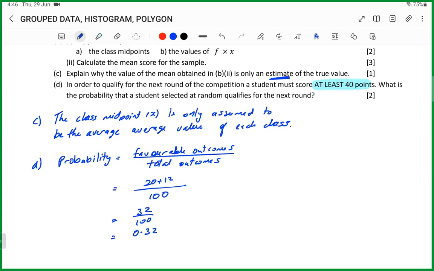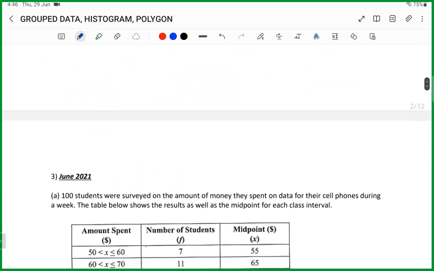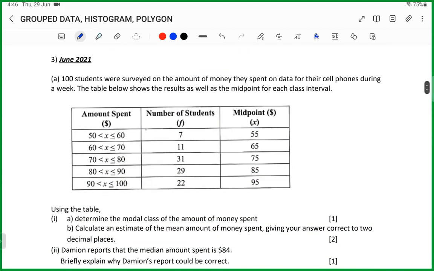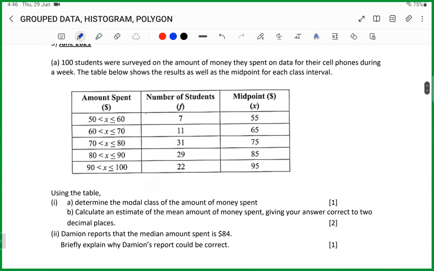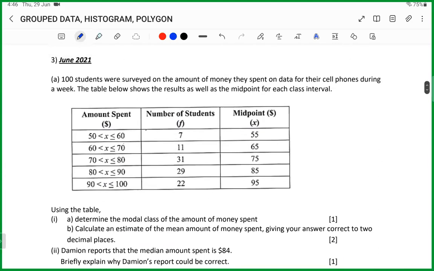Okay, so let's move on now. All right, so number 3, you could do this one. Now let's look at this one. This one is an example where they stated the values using boundaries, okay? Instead of giving you the limits, they gave you the boundaries. It doesn't quite matter because they gave you the midpoint anyway, so it doesn't really affect your working.